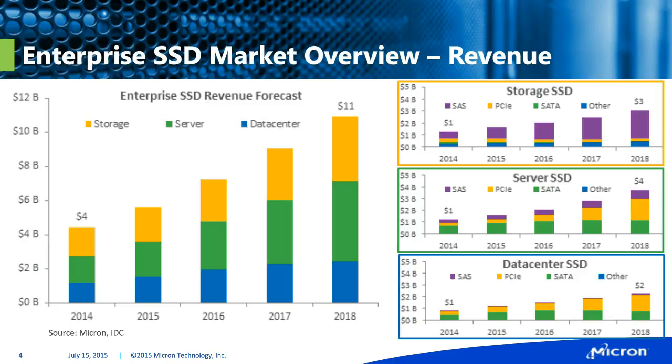I'd like to direct your attention down on the bottom right, the data center SSD market. This is a view by interface, and there are a couple of important takeaways. Number one, there's significant growth forecasted for PCIe for the foreseeable future. And there's definitely growth in SATA as well.